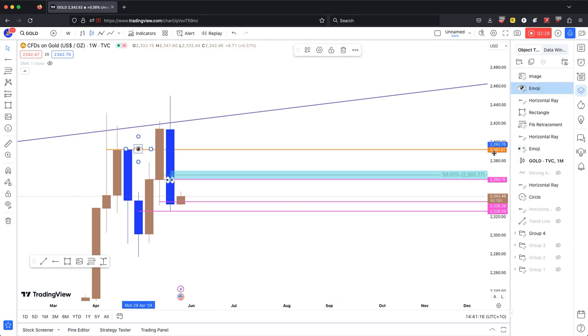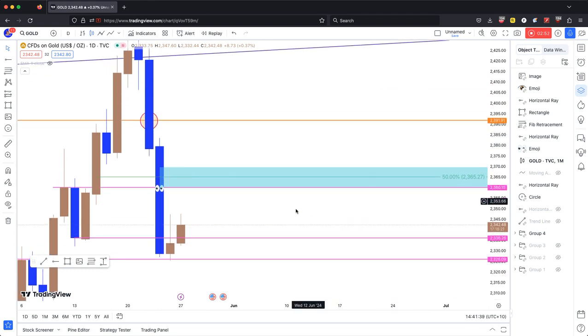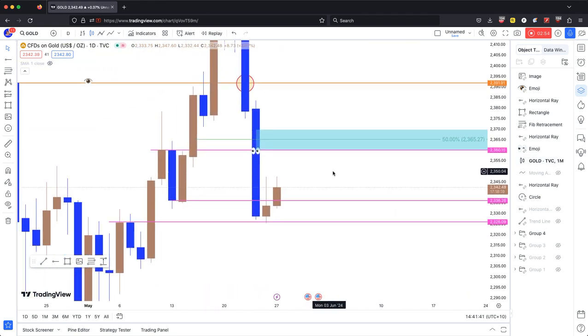So you can keep that 2391.91, and for the time being, we've got 236.15. Okay, so those are the two levels to look out for because this is a weekly and daily level. This is a daily level. So I color code my levels according to time frame so that I know what I'm looking at when I'm switching time frames.